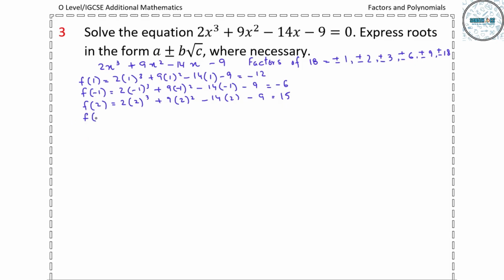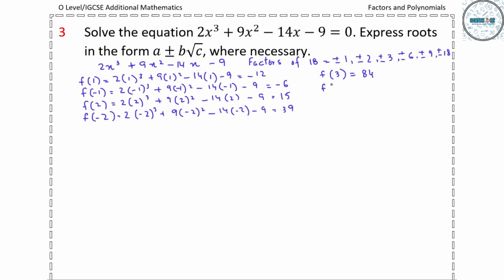So f of minus 2 is equal to... we'll do it till the time we get 0. Then we can check it with 3. When you substitute the value of x as 3, you will get 84.